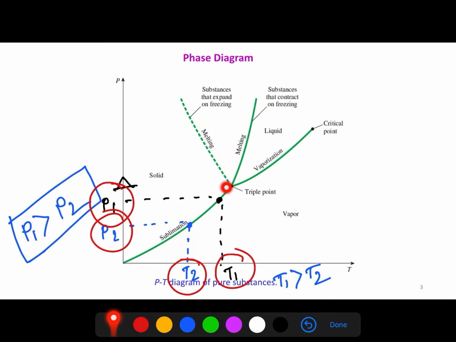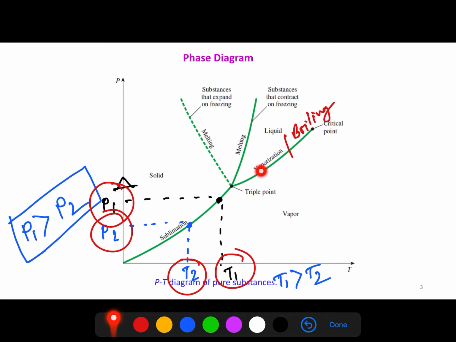The same thing will happen for the liquid to vapor state. If we want to convert the liquid into vapor, we need vaporization, or in other words boiling. So vaporization or boiling. In this case, if you draw a point here, you can see the pressure and the temperature. If you increase the pressure, the temperature will increase.